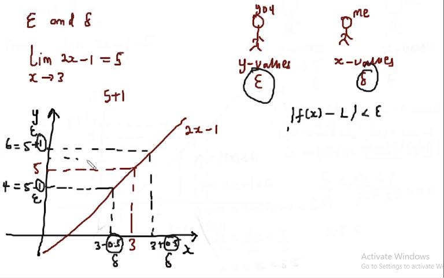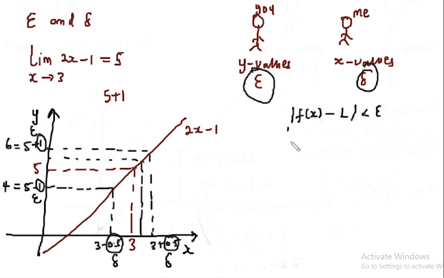Let's say I plug in a value here and I call it x. So whatever I plug in here, I get f of x minus the L. The L is the value of the limit here. So this is 5. If I subtract these two terms, the value will be less than the epsilon. That's what this inequality is saying. So this is the first inequality that I have to keep in mind.